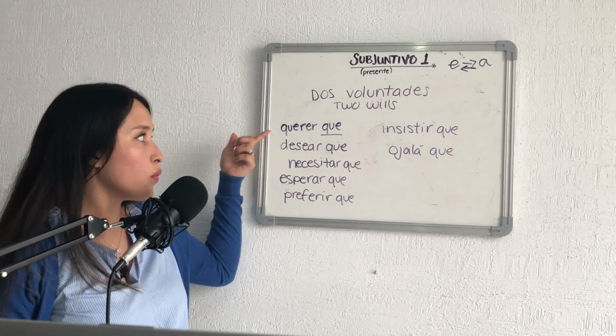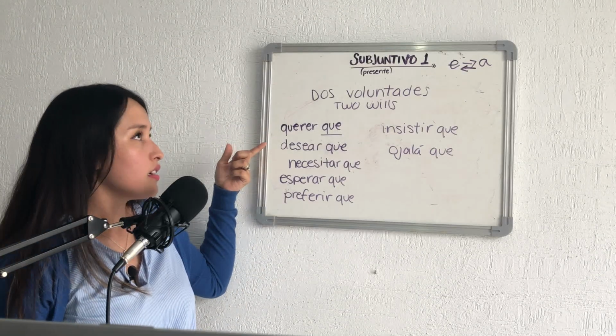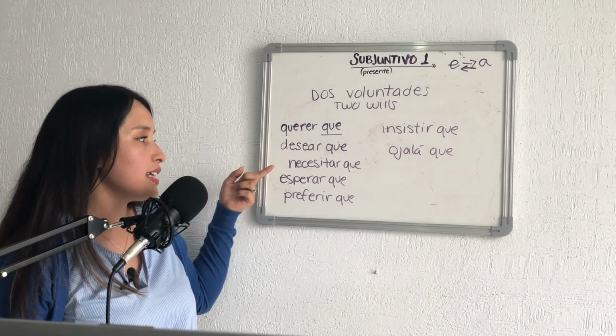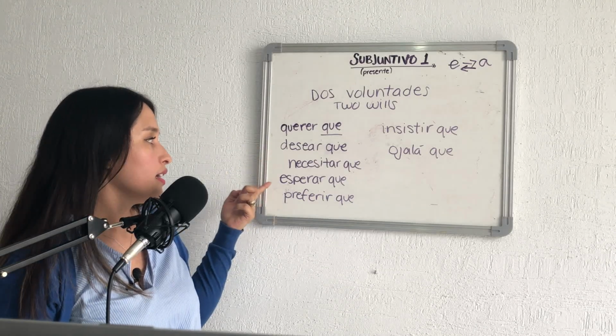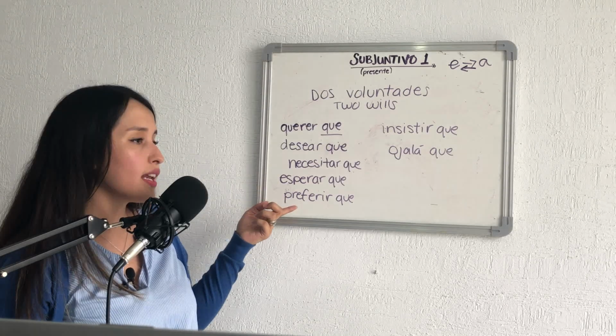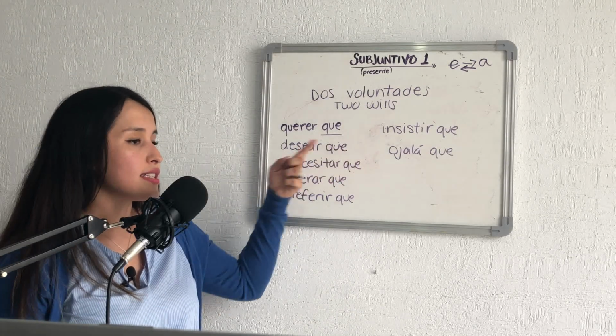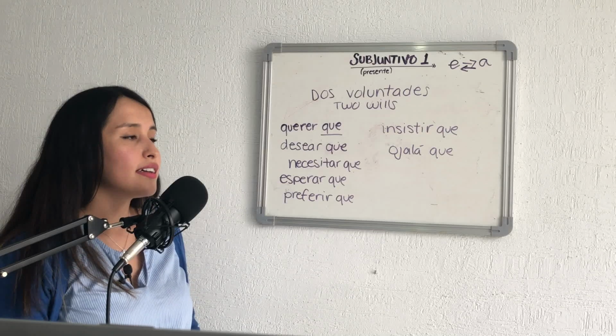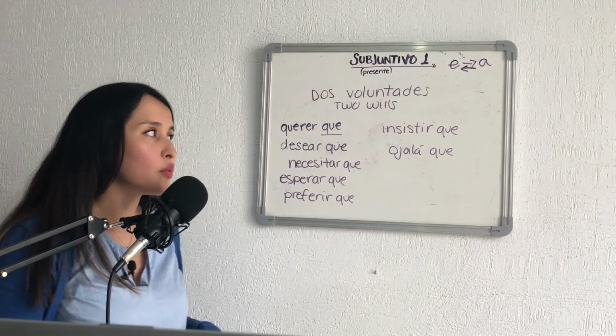So, querer que, want to, desear que, desire or wish to, necesitar que, need to, esperar que, wait or expect to, preferir que, prefer to, insistir que, insist on something, ojalá que, like hopefully or I wish.